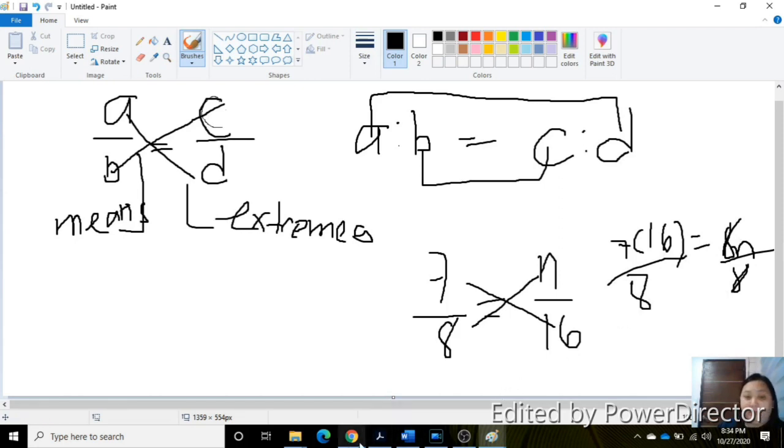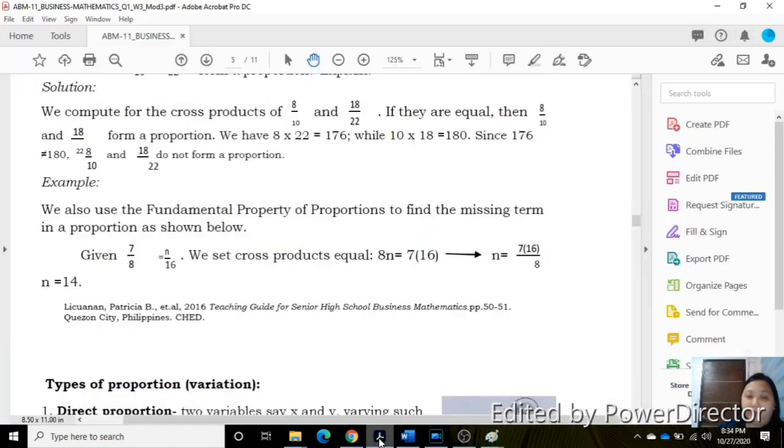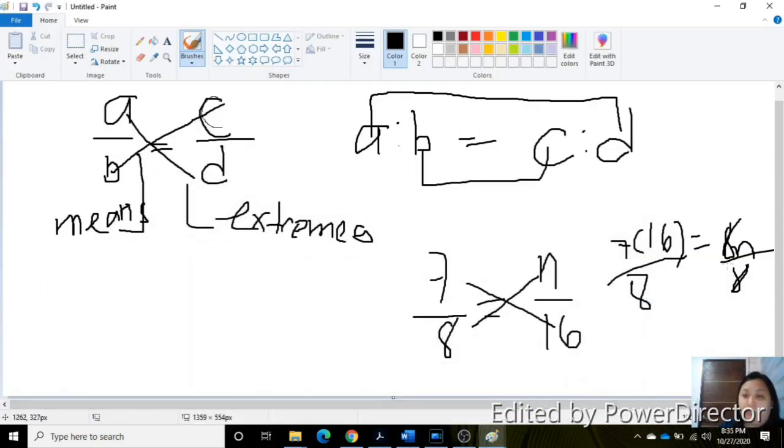So, ano sagot natin dyan? So, 7 times 16 is 112 divided by 8. Okay, your answer will be what? Divided by 8. So, your answer is 14. So, 14 ang nawawala mong n.